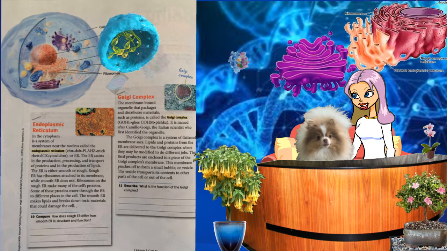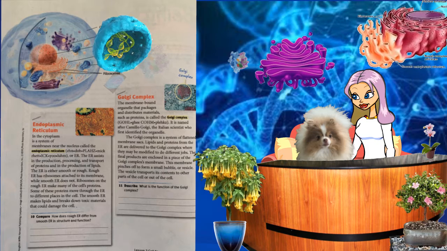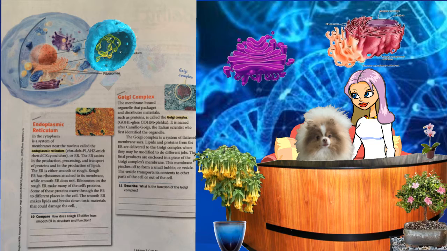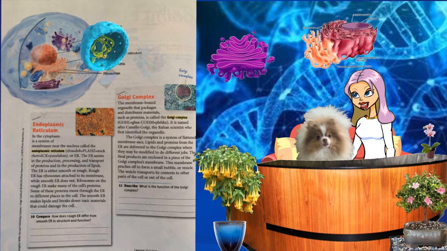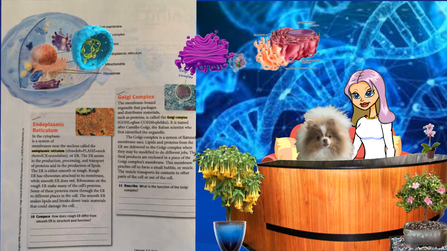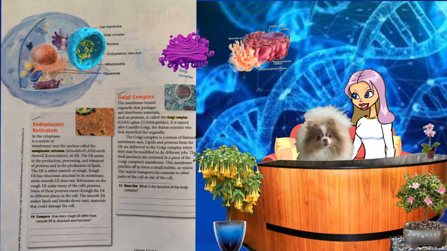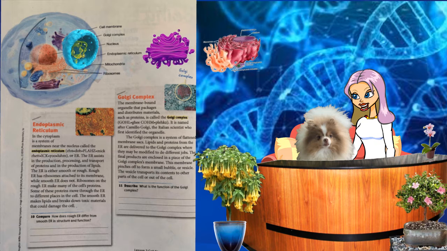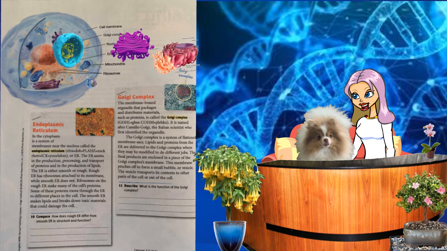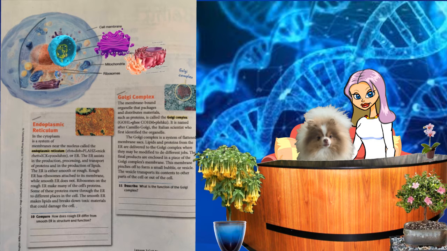Ribosomes are the structures that make proteins. Good old Golgi complex, the organelle that packages and distributes proteins, and endoplasmic reticulum, ER. Smooth ER makes lipids and breaks down toxic materials, and rough ER transports proteins.